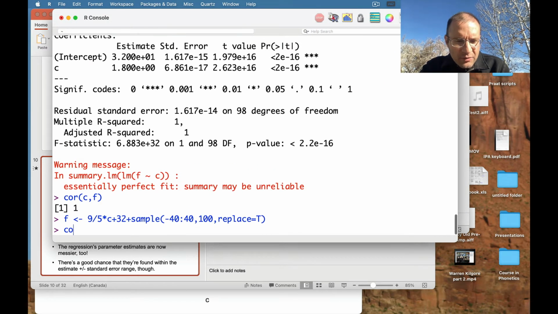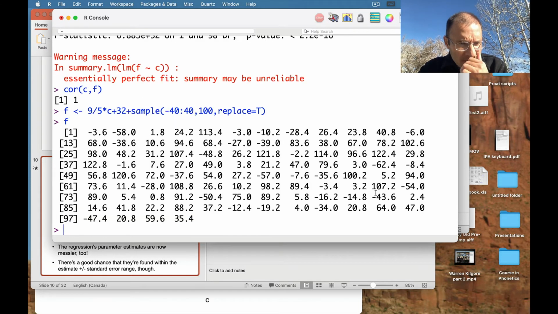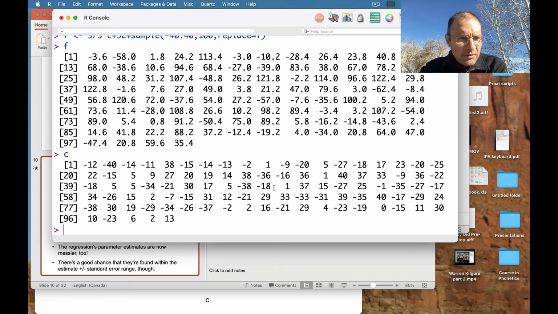Now I can check what our new correlation is, looking at F and comparing it to C. Let's get an easy value here. A value of 1 degree Celsius should be a value of 33.8 Fahrenheit. Let's start with this one.